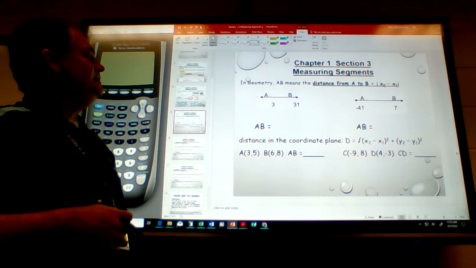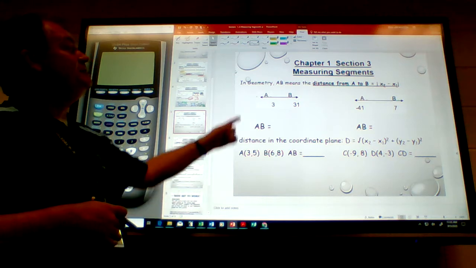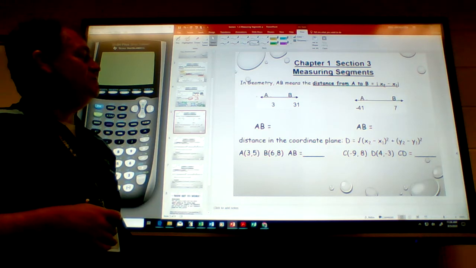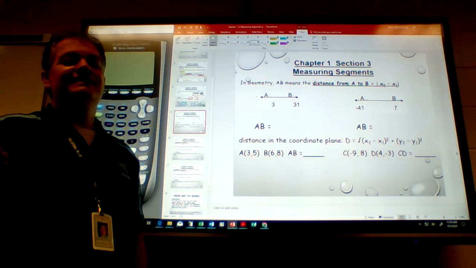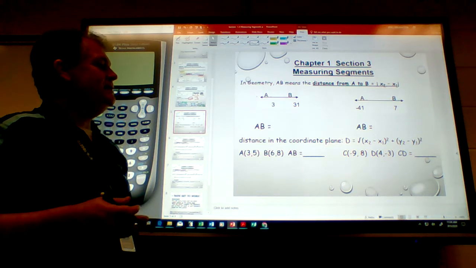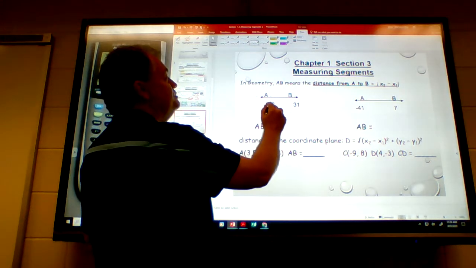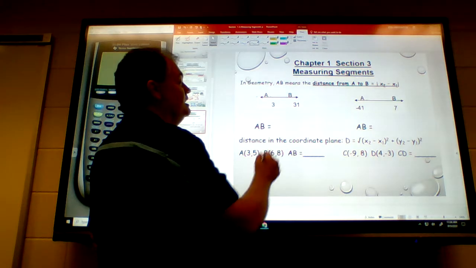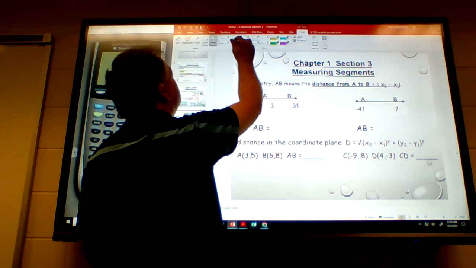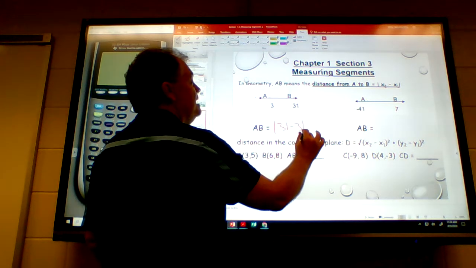Okay. Now, a little review of a couple things I need to talk about. Distance between 2 points on a number line. Okay. So it's a lot easier than what it looks. The distance between point A, which is at 3 on the number line, and B, which is at 31, is just simply 31 minus 3, the absolute value of that.